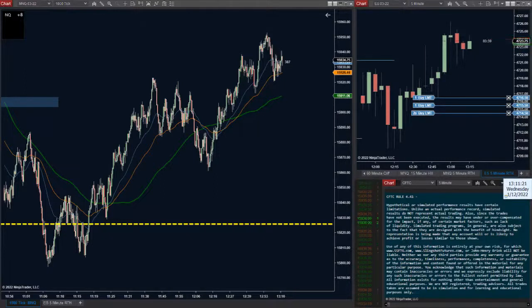Possibility of a trap above that last candle's high as well. Doesn't make it look too great. We'll see if they can cycle up. Looking like they're trying to trap the top more than anything, though.